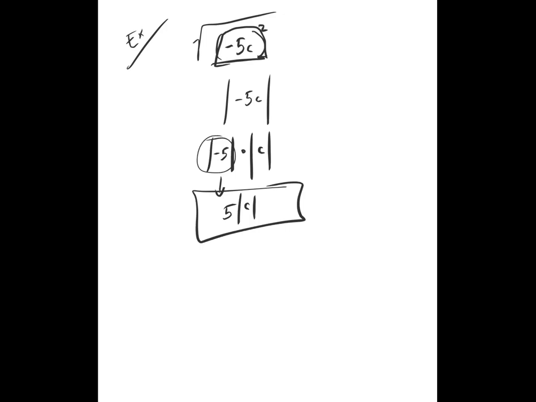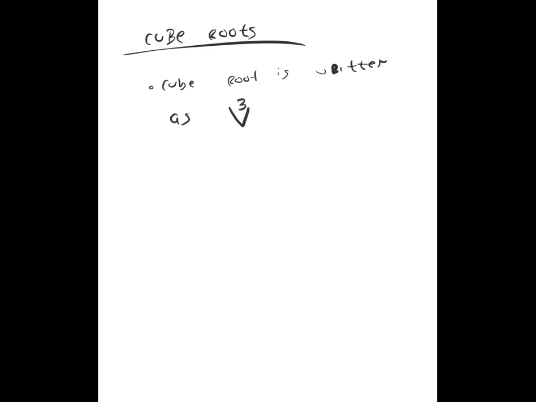Okay, let's continue on here then. Right, and what we'll start looking at next then is cube roots. Cube roots are in fact a little different, right? A cube root is written as this.